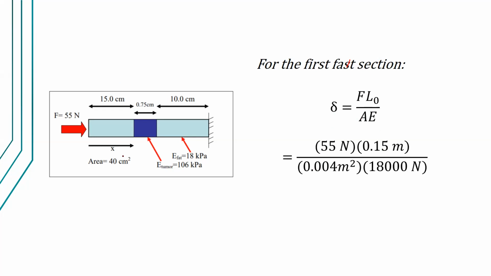Area is 40 square centimeters, that's 0.004 square meters. And Young's modulus is 18 kilopascal, so that's 18,000 Pascal. This should be Pascal, sorry for that. And you will be able to arrive at an answer of 0.115 meters.